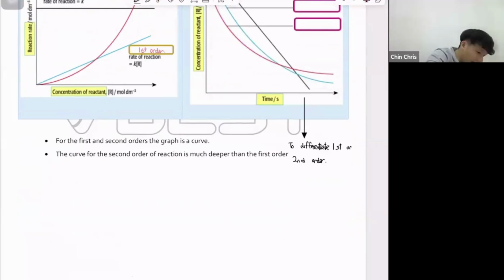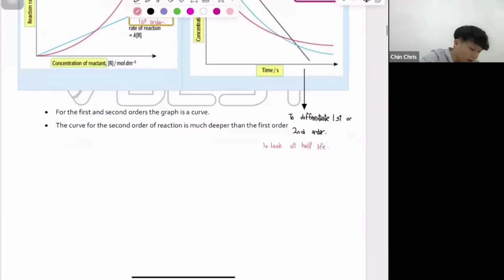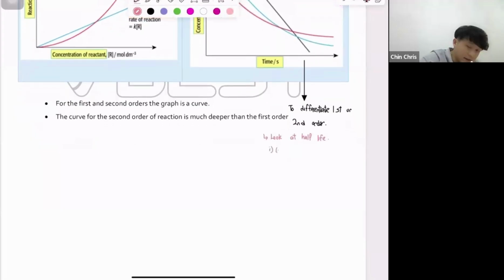You always look at the half-life. If the half-life is constant, it's a first order. Again, if the half-life never changes, that's a first order. However, if the half-life is not constant, that's a second order.